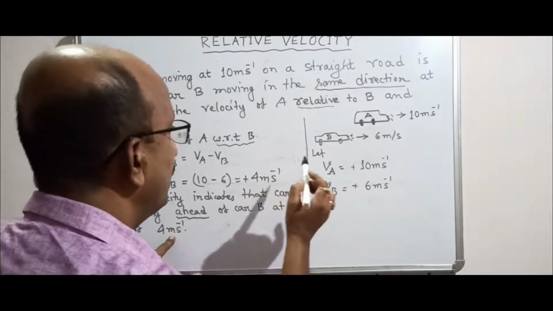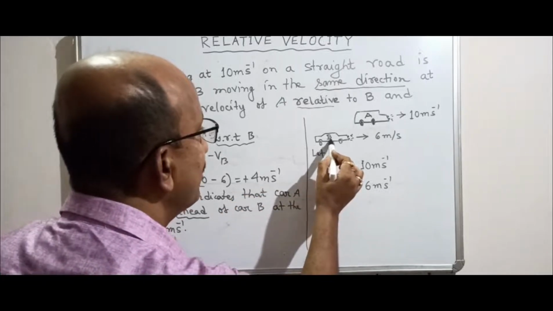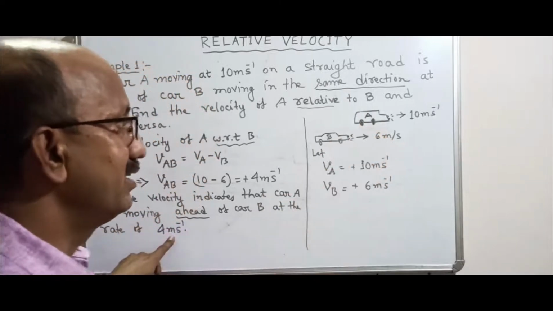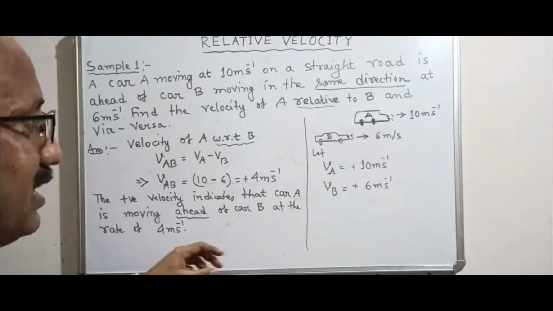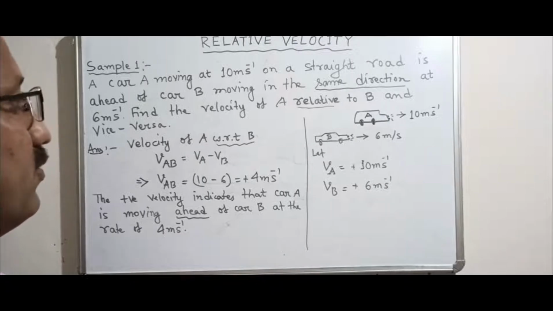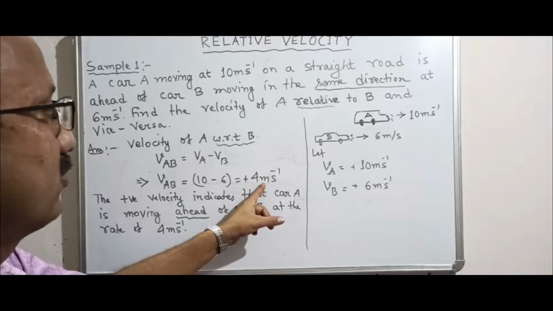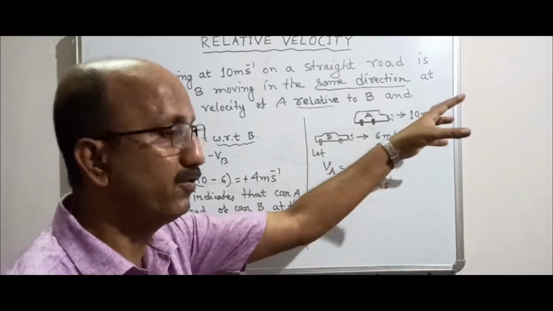So car B will see that the car A is just traveling at a speed of 4 meter per second, and that also car A is ahead of B.